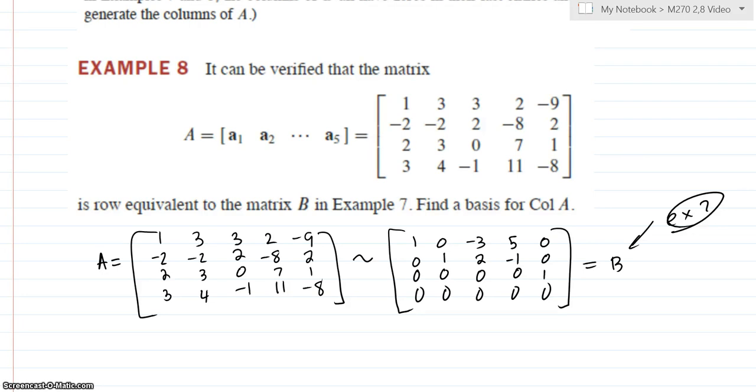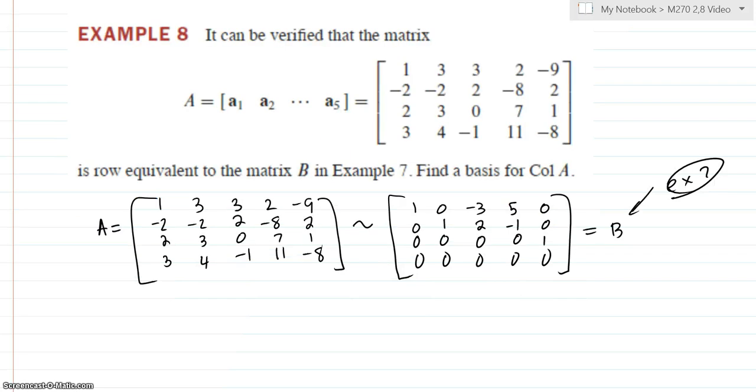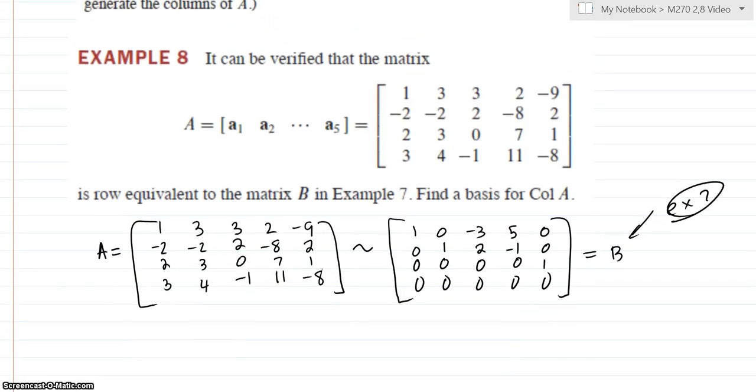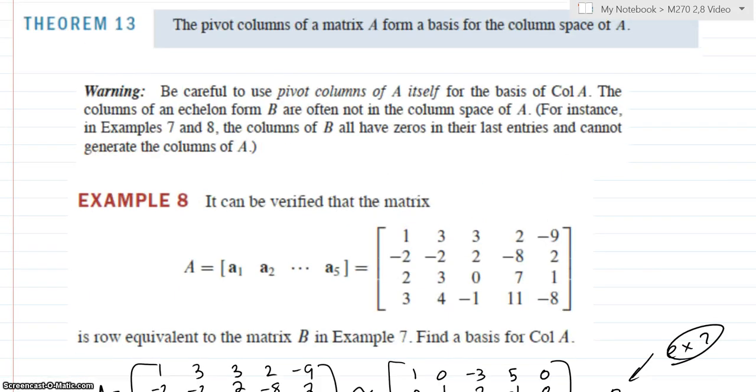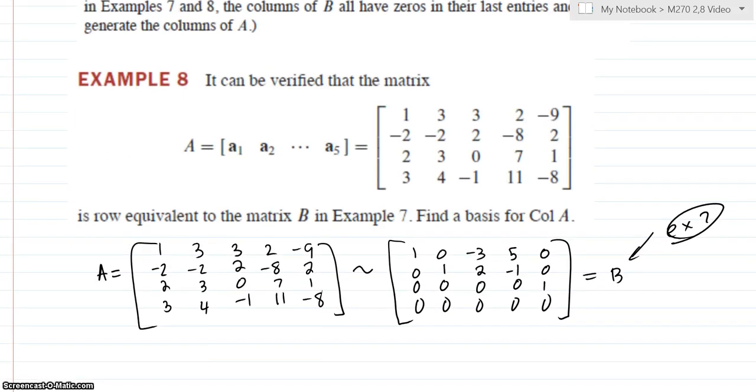You can go ahead and try that on your own. But notice how the basis for A is not B. It's not the same as example 7.